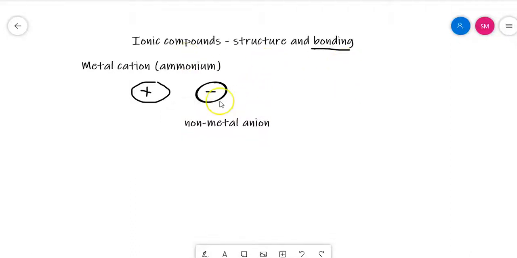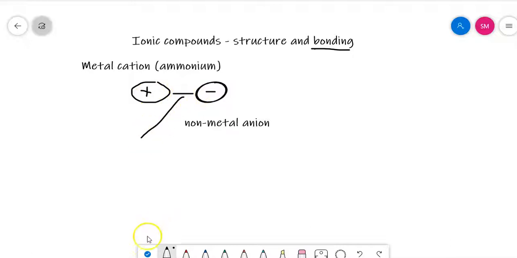Part of what we need to do for this topic is to be able to identify whether or not something will be an ionic compound. So we've got a metal cation and a non-metal anion, and these two ions are held together by an ionic bond.